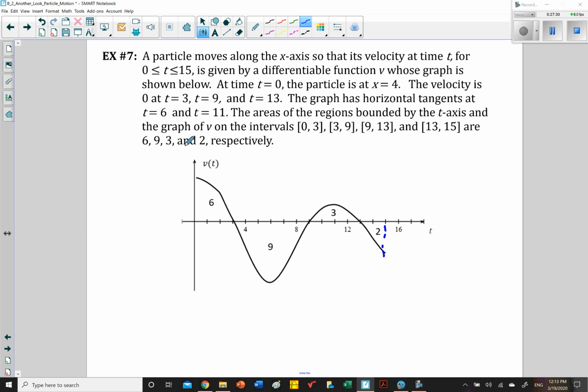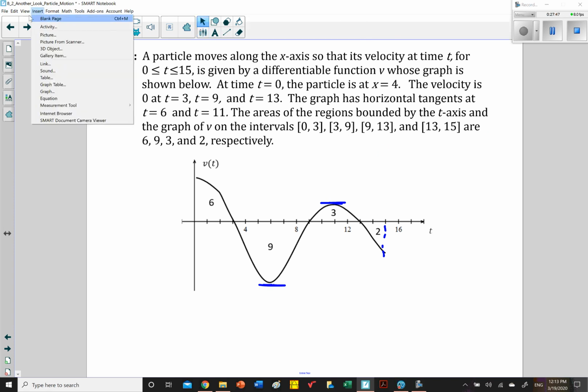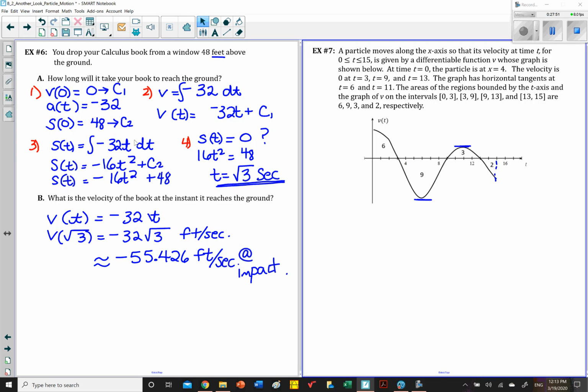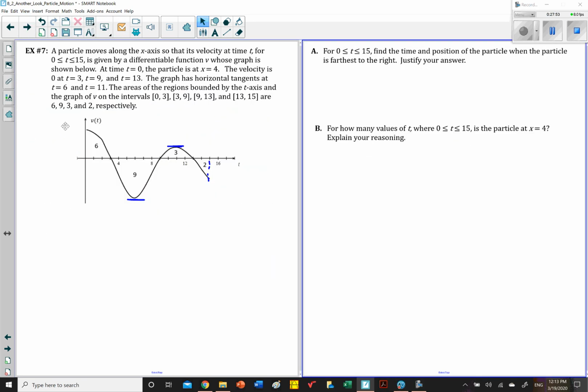Horizontal tangent lines are at 6 and 11. Areas of the region are bounded from 0 to 3, 3 to 9, 9 to 13. So this is pretty much an example of a free response kind of a question. Let's see if we can keep 2 windows open at a time.